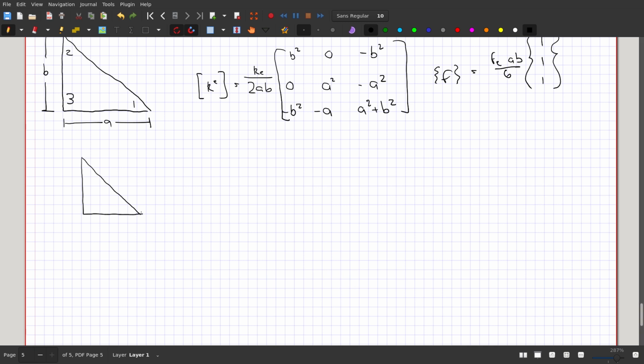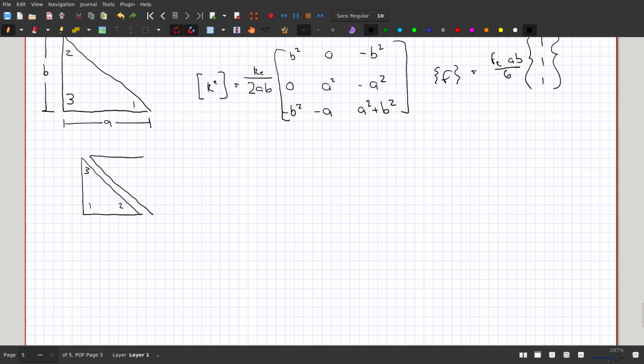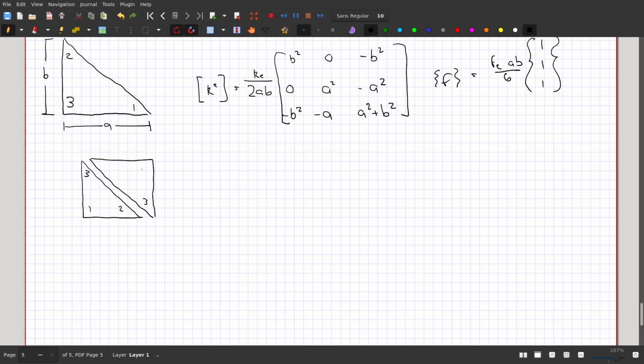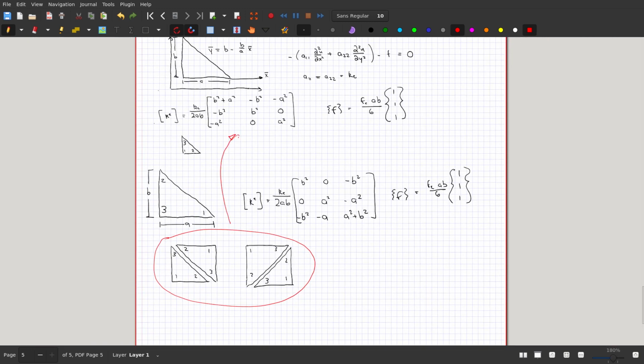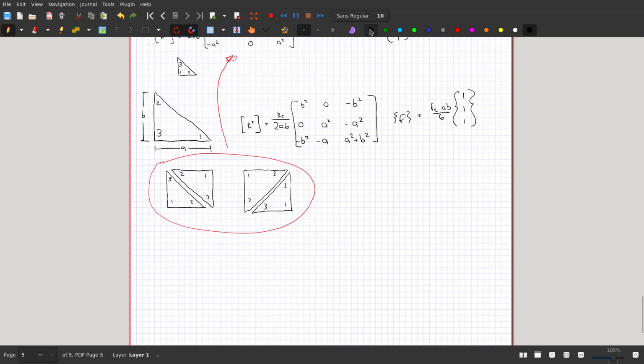But basically, if you had 1, 2, 3, 3, 1, 2, or 1, 3, 2, 1, 2, 3, all of those scenarios would correspond to this stiffness matrix formulation.